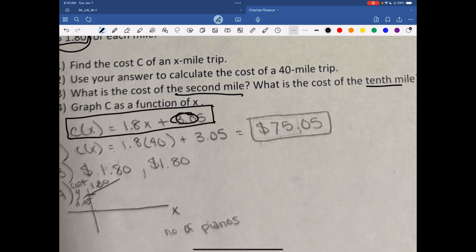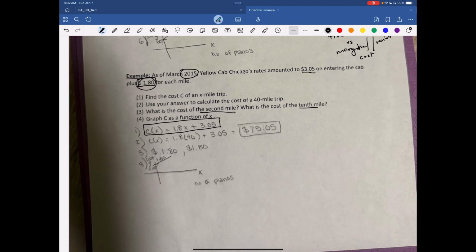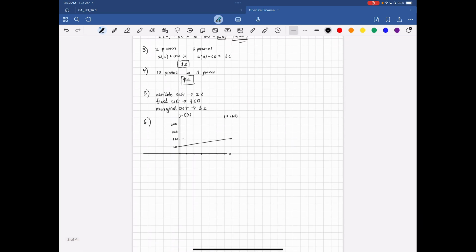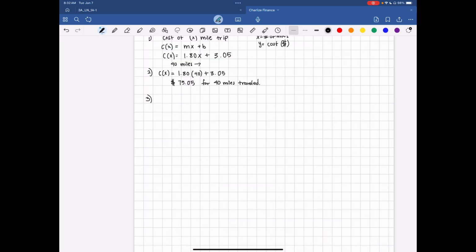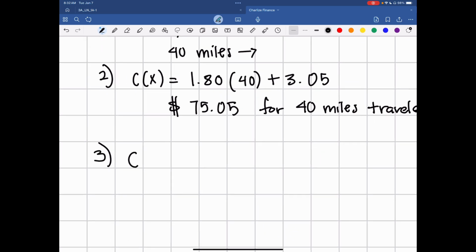This does not get affected by x. So if I were to do an extra mile from the first mile to calculate the second mile, the only number that's getting changed is the one multiplied by x, the variable cost, I'm guessing.